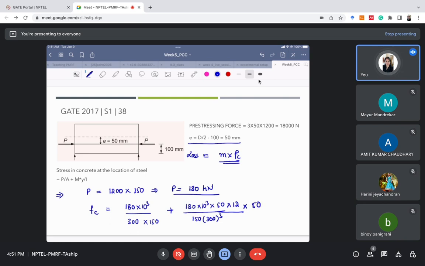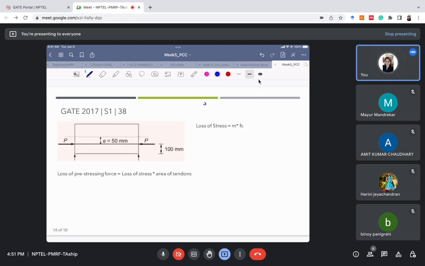So this will be the final thing. After solving all this, we are getting the value of fc as 5.33 Newton per mm square. So fc we know. Now we can easily calculate the loss in the stress. Can you tell me what value of loss you are getting by simply doing m into fc?